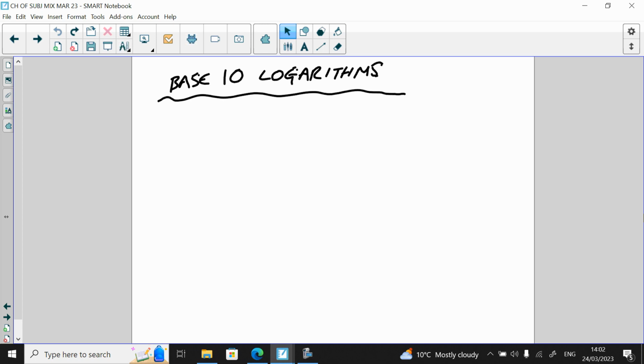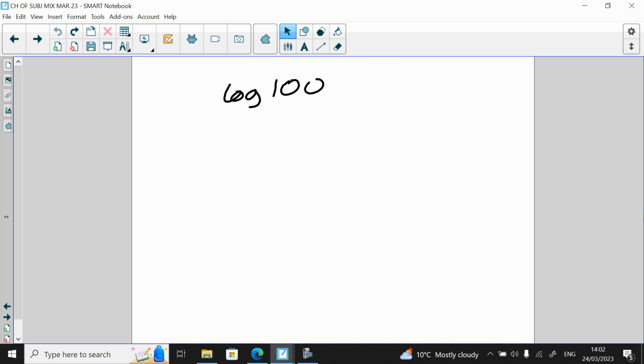We're dealing with change of subject, so how do we deal with it? Log to the base 10 of x, actually on your calculator, it would just say log, and I'll show you that in a moment. If it just says log x, you assume it's log to the base 10. So if you were to evaluate log 100, you would just pick the simple log key in your calculator, but it's actually log to the base 10 of 100.